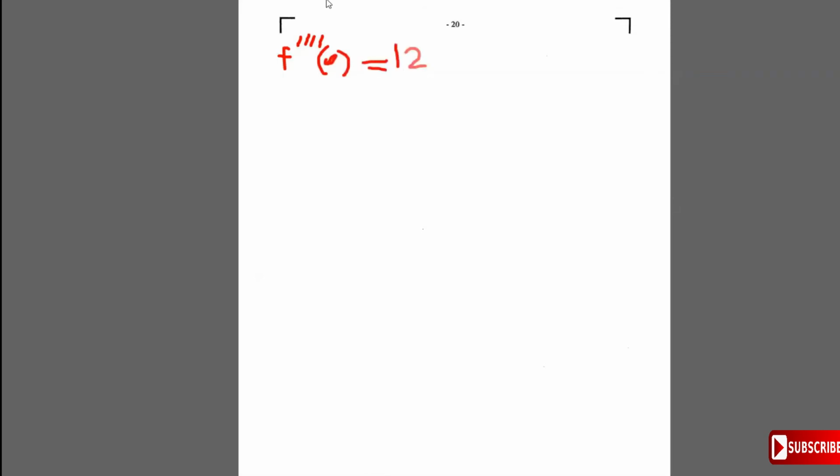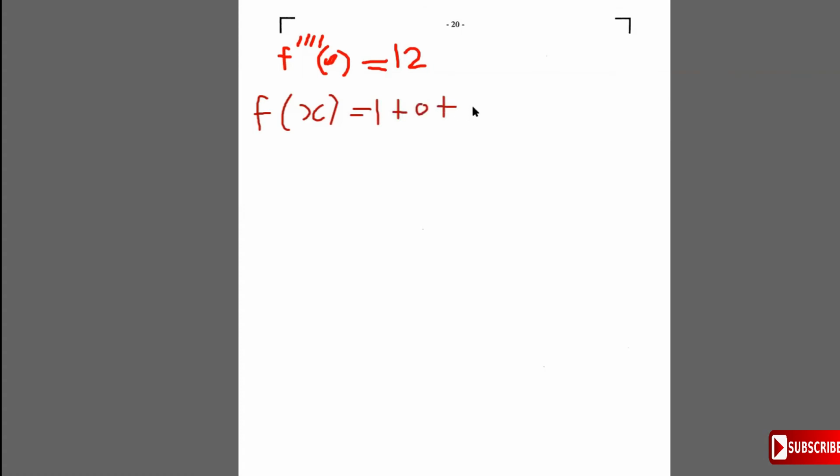So now we can finally say then that f of x is equal to f of 0. F of 0 is 1, plus f prime of 0, that one was 0, times x, plus f double prime of 0.